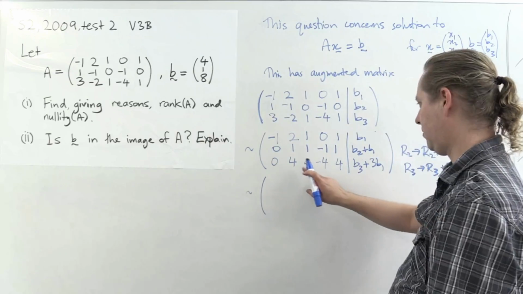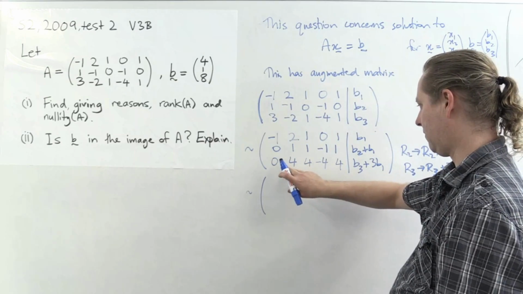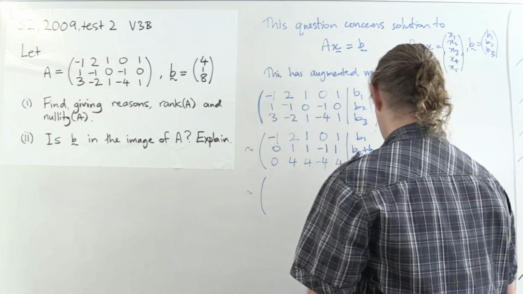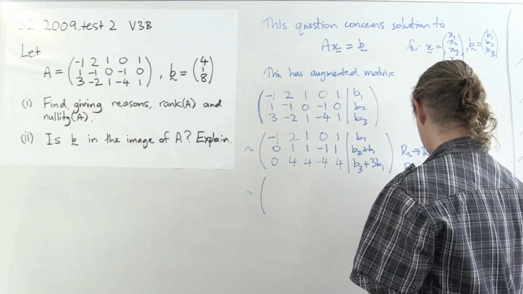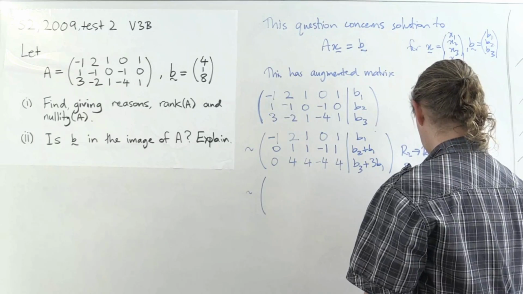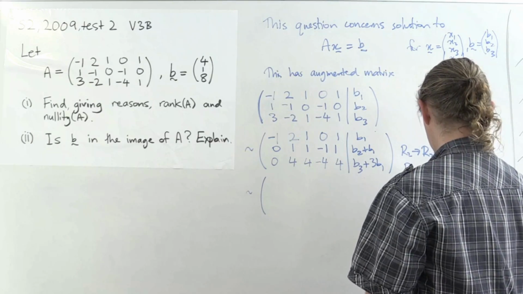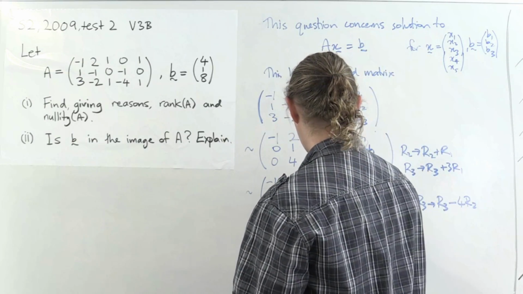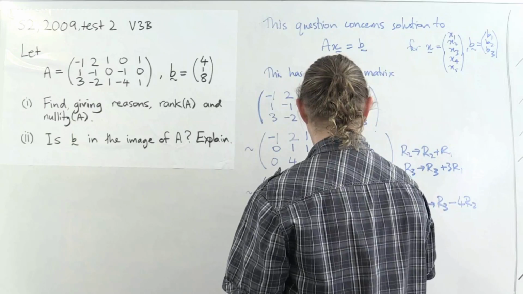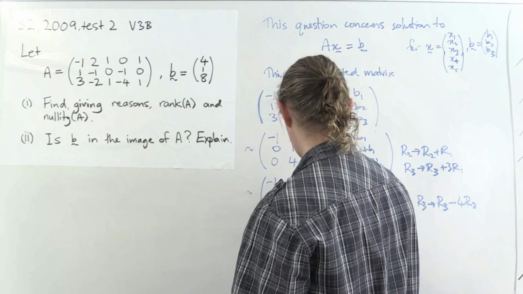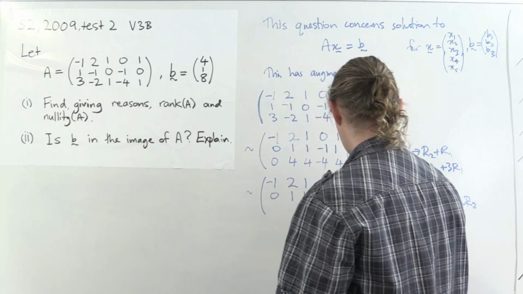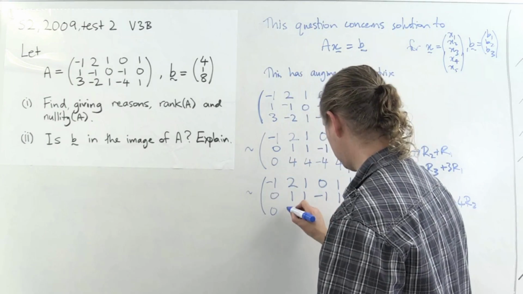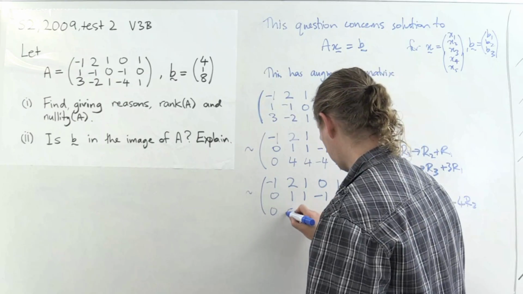So now to get it into row echelon form, we just want to subtract 4 lots of row 2 from row 3. So row 3 is going to become row 3 minus 4 lots of row 2. And now this actually just cancels out, all zeros.